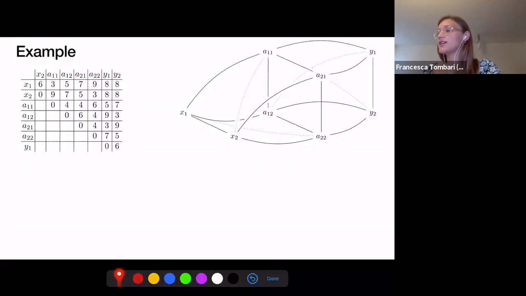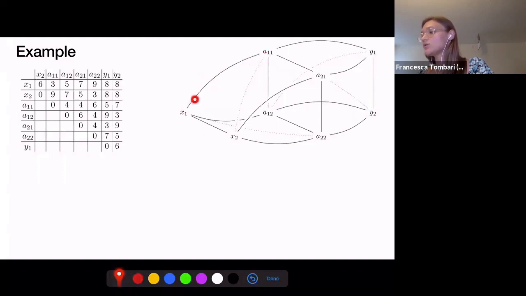So consider this metric space, which is a metric gluing. The picture is not precise. It's meant to give you an intuition of what's going on. So you have basically a solid line or no line, depending on if the distance between two points is less than or equal to 8.